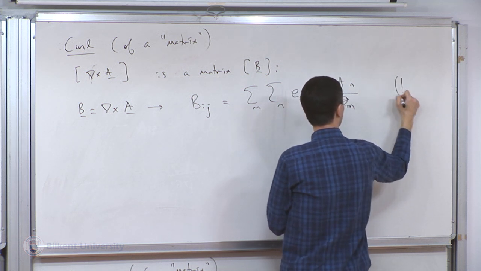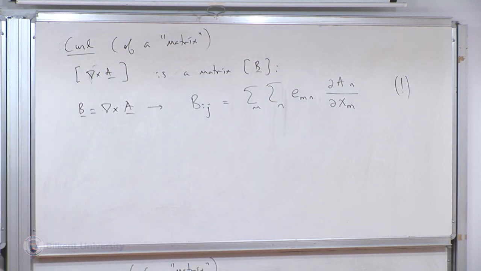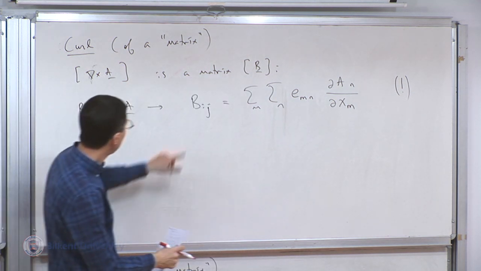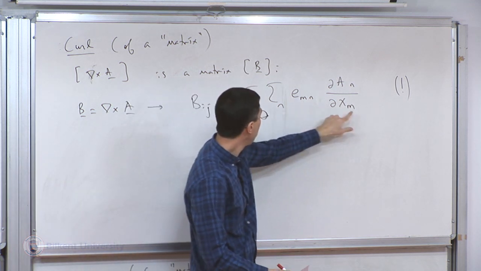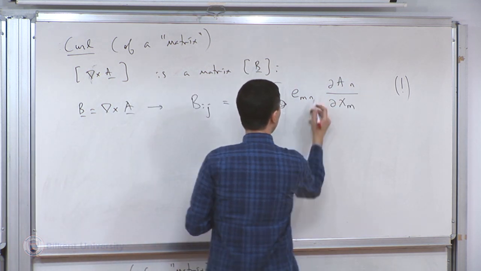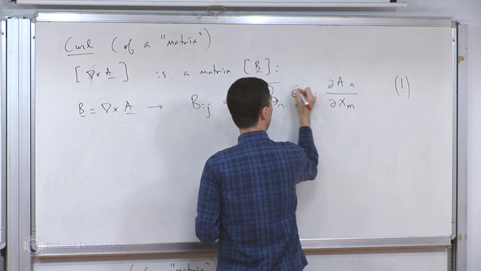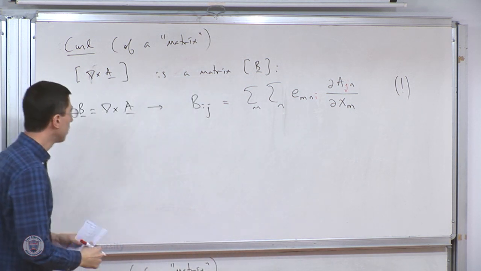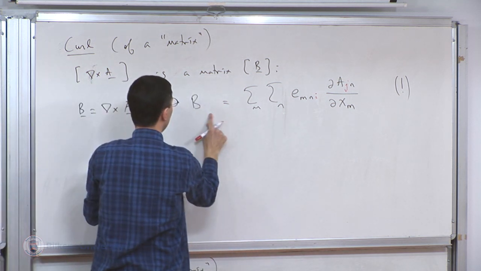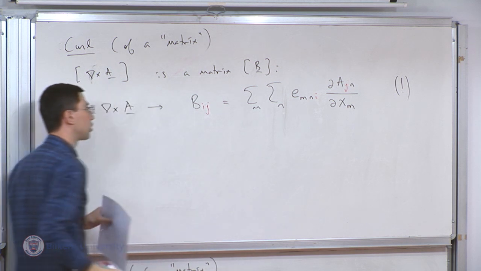It's component Bij, where m and n I'm summing over. The third index of the permutation symbol is i, and the first index of A is j. So that's Bij.